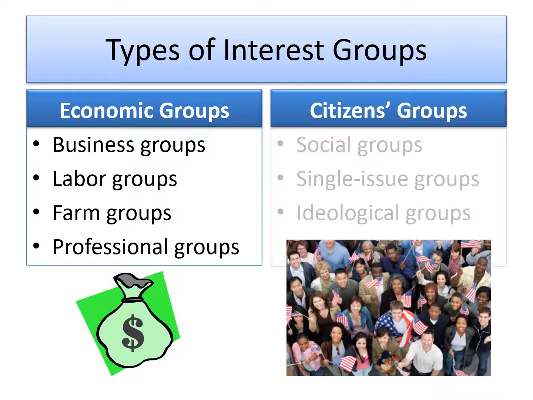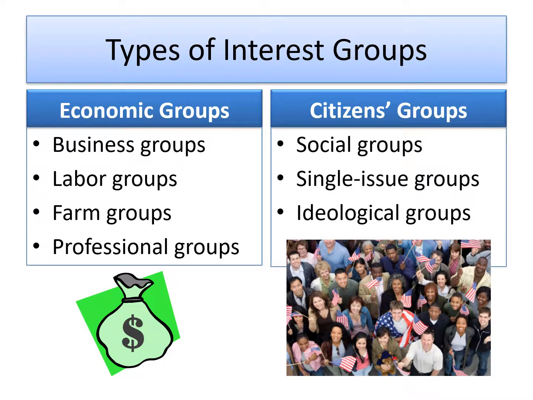Citizen groups are different. Citizen groups are groups similar to the NRA, or at least that's one type of citizen group. Citizen groups represent ordinary people, not business people. So citizens groups might be social groups. For example, there are interest groups like the National Association for the Advancement of Colored People, the NAACP.